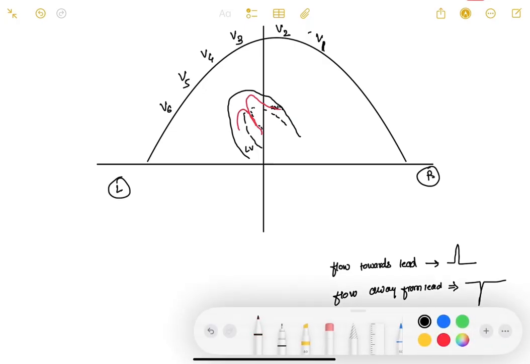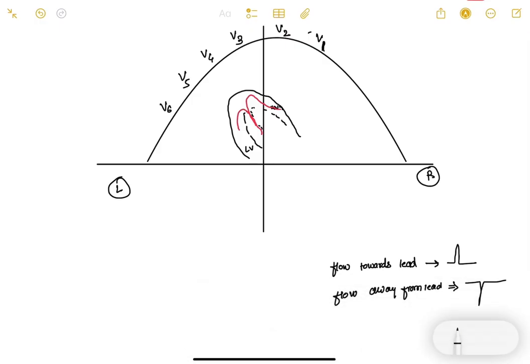What is happening here? First, the left bundle is depolarized, then it will depolarize the right one. So can I say the direction is like this, from LBB to right bundle branch?